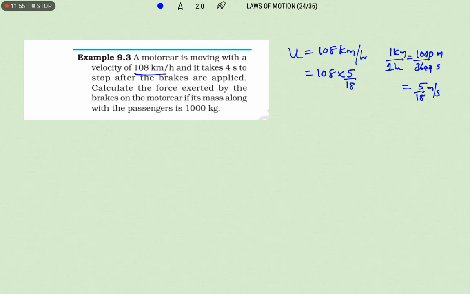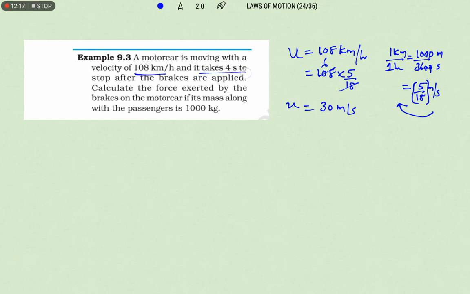That's why to convert kilometer per hour into meter per second, we need to multiply with 5 by 18, or to convert meter per second into kilometer per hour, we need to multiply with 18 by 5. So here 18 sixes are 108. So u will be 30 meter per second.